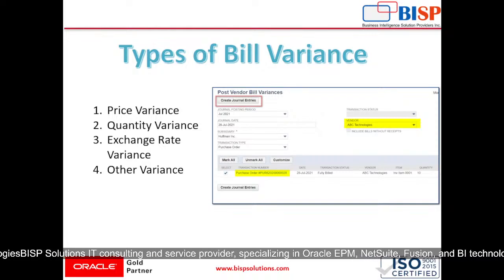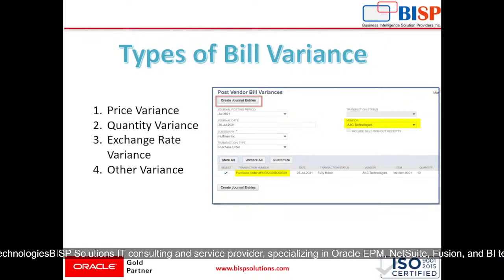Like, suppose the vendor provided us some discount, or a different price per unit than what we mentioned on the purchase order, so this will be the variance in price.